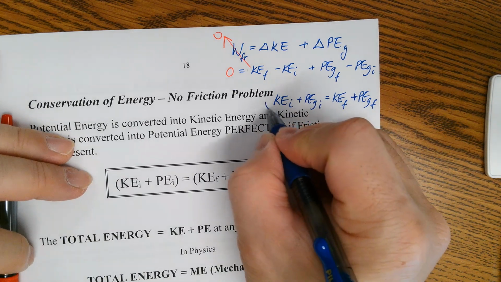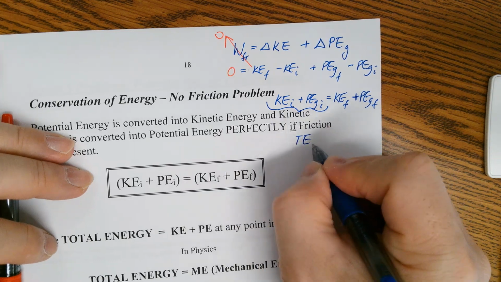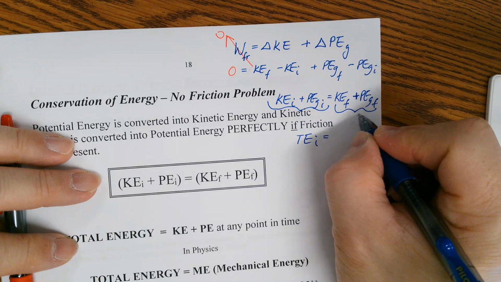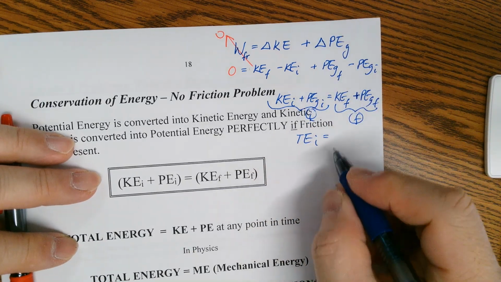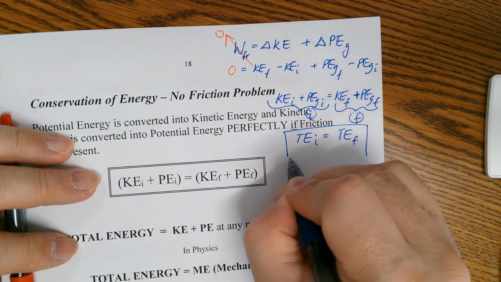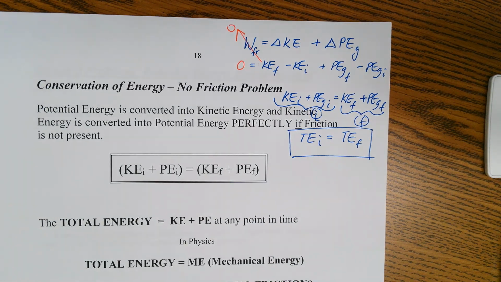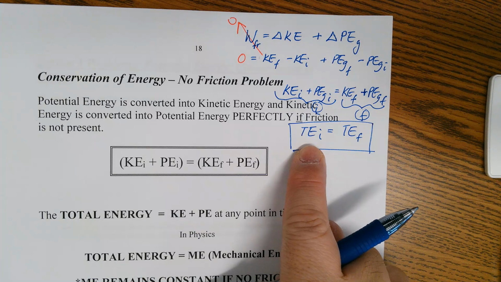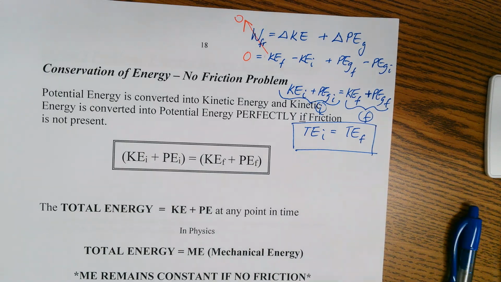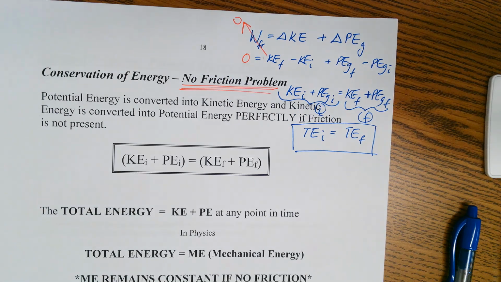This is the total initial mechanical energy, and it must equal the total mechanical energy final. This is conservation of energy. The total energy that you start with initially must equal the total energy you end up with. This is only true if there's no friction in the problem, when the work done by friction is zero.